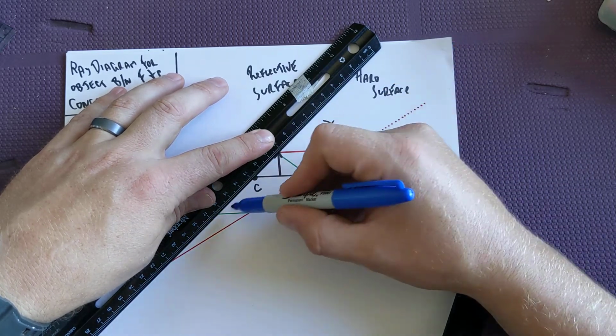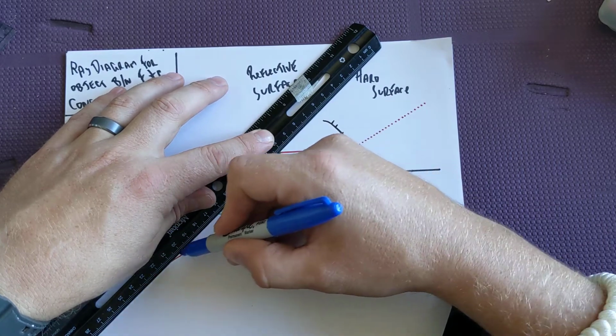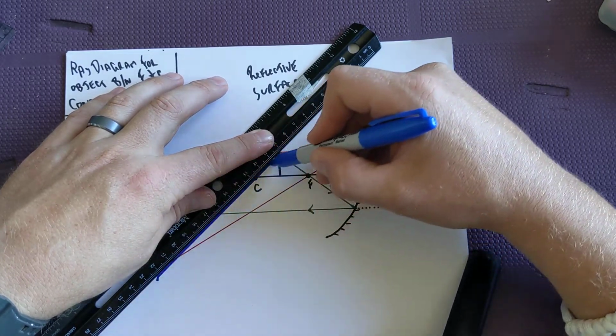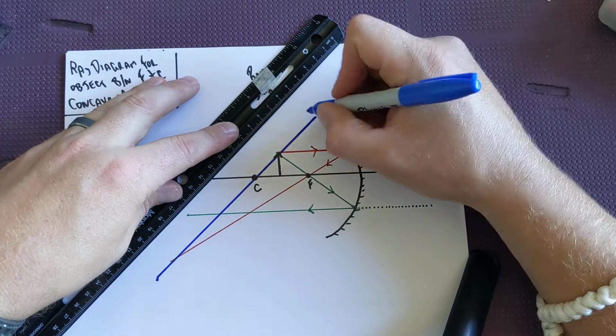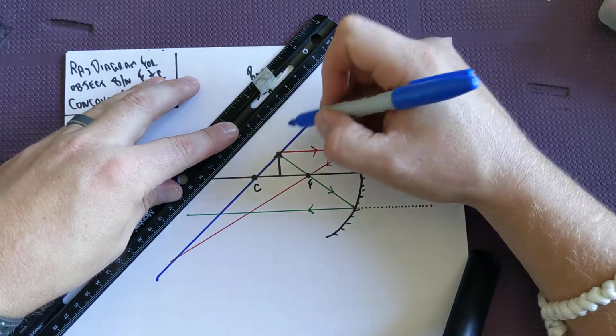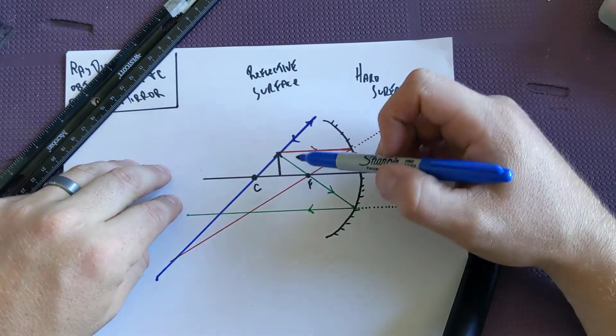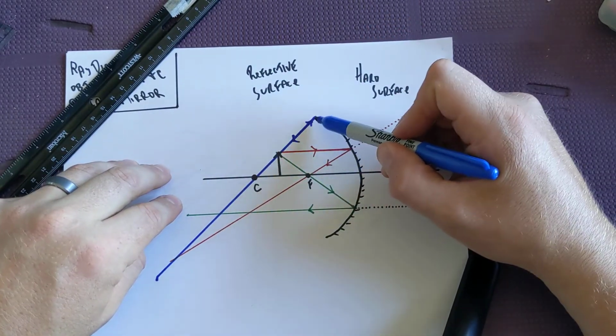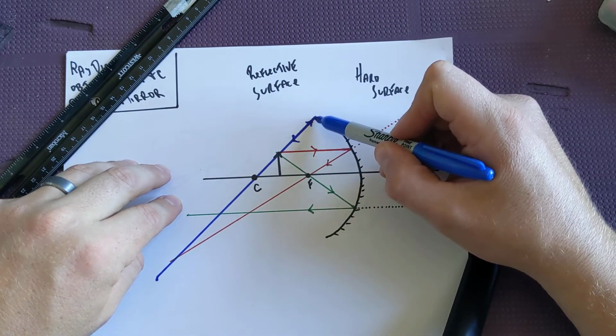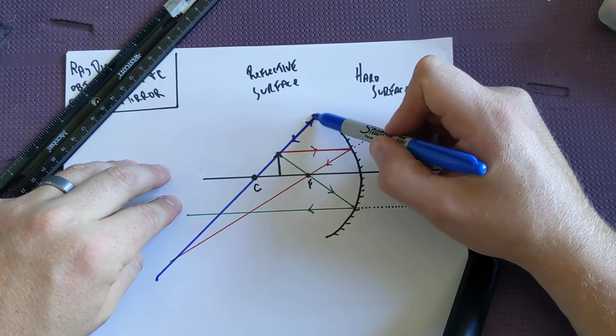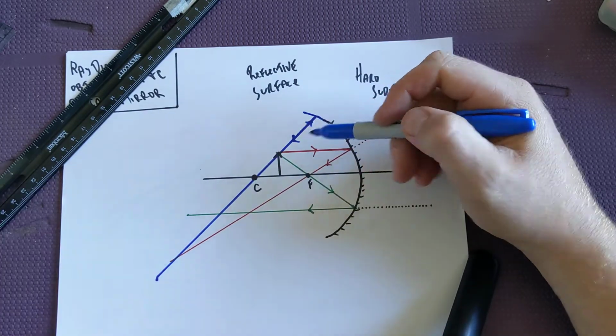So it's going to travel through the center, and it's going to behave as if, because it's the center of curvature, it's going to bounce off the mirror here and bounce straight back.